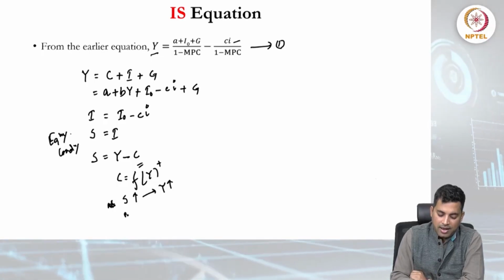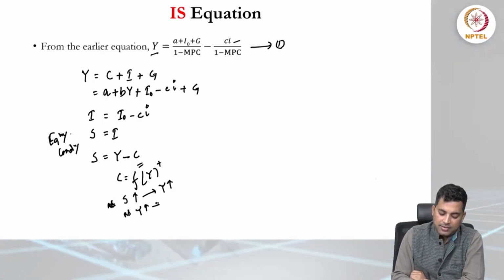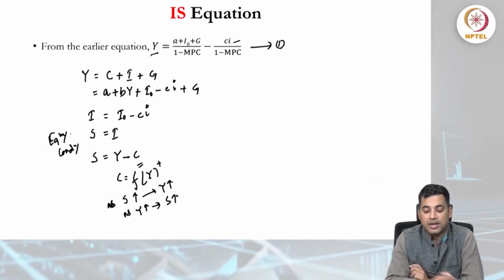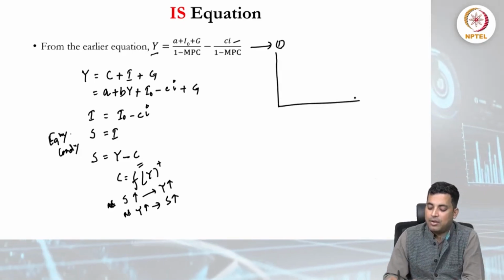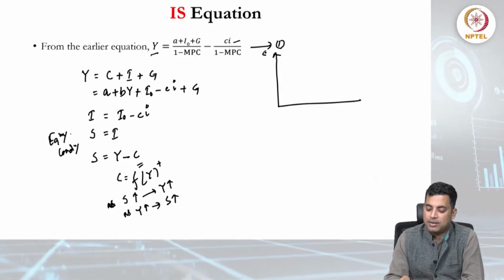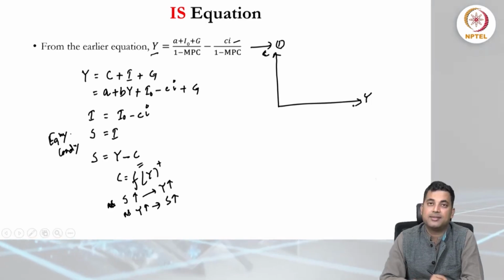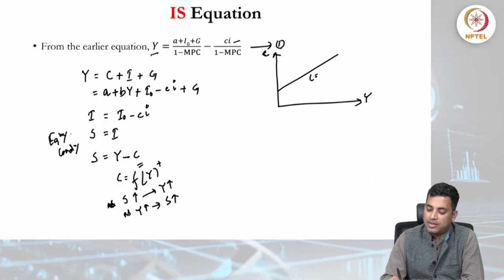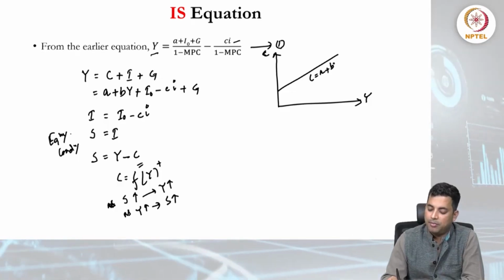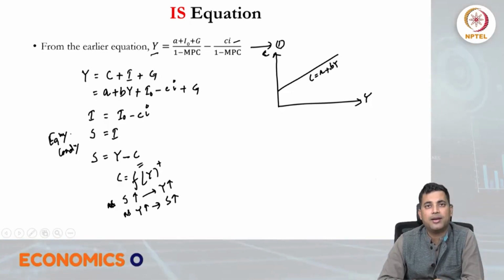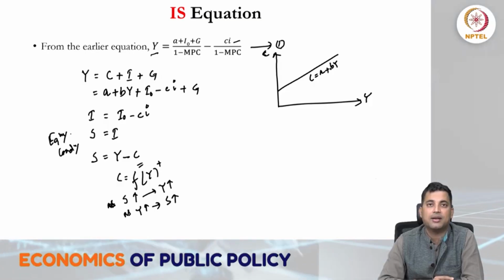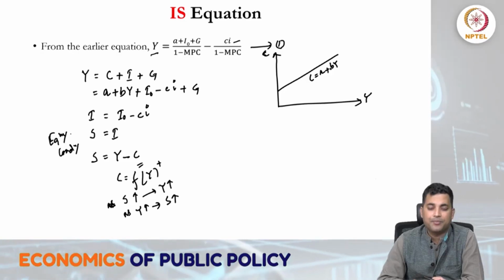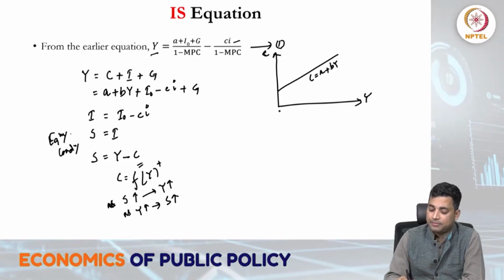So as income increases, saving will also increase. Just to recollect, when we plot consumption and output in a single frame, this is the consumption function, where C equals A plus b y, and y is total output. We are not considering tax, and therefore not considering disposable income.